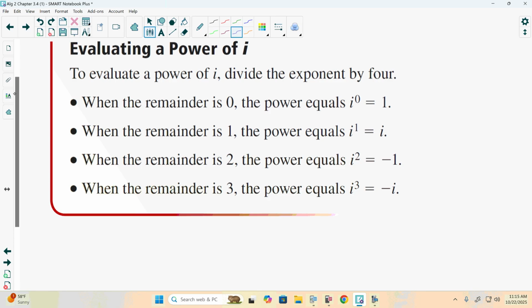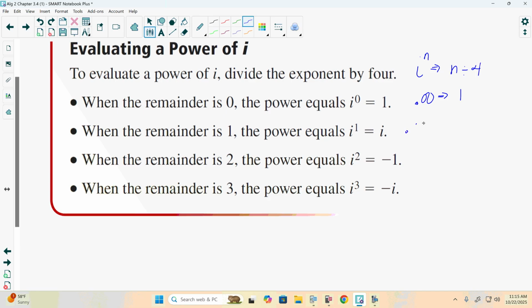And we get this property when we evaluate powers of i. We divide the exponent, whatever the exponent is, by 4, and we're going to get one of these four things. So whenever we take i to the n, we're going to take the power of n and divide it by 4. If the decimal is 0.00, it's going to reduce to 1.